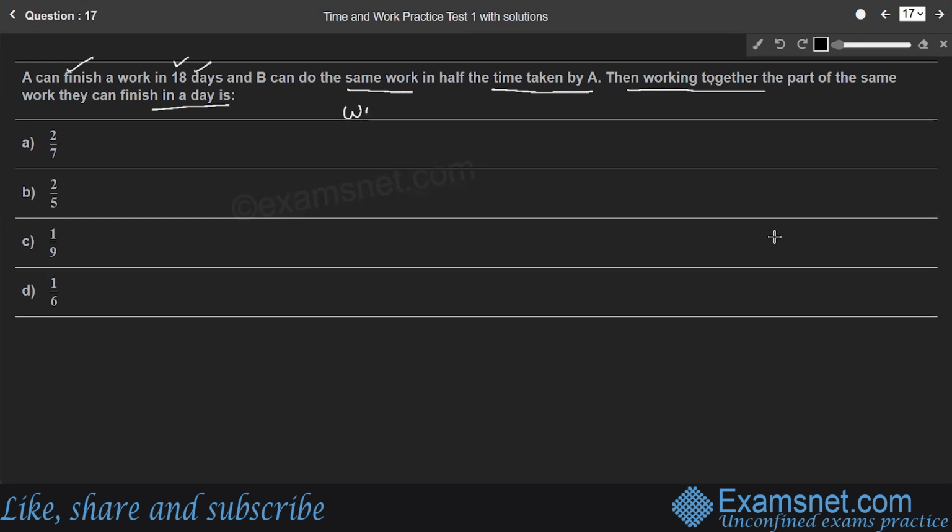For that, we use the concept that work is always the product of efficiency and time. Here efficiency is 1 day work.